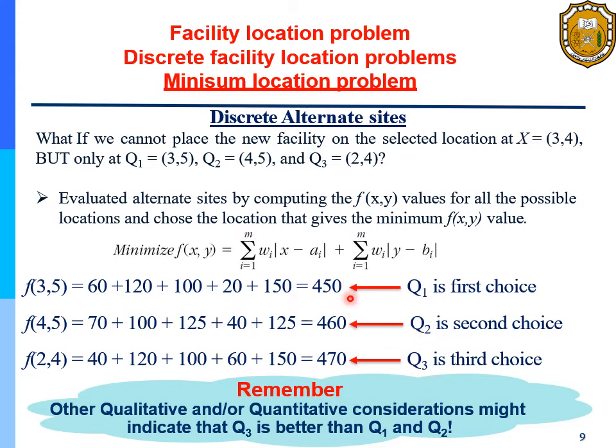But if your only objective is distance, the best choice is Q1.